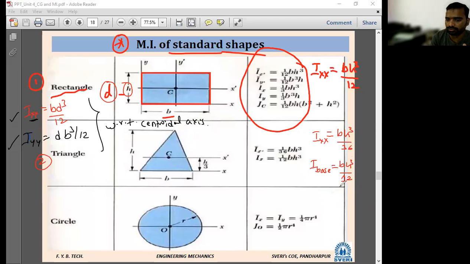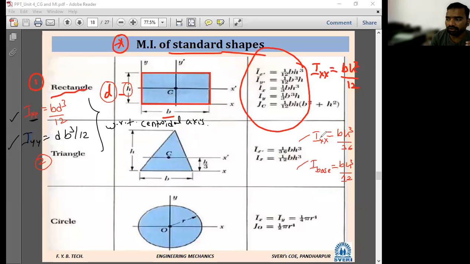You should know this one also. Ixx is centroidal axis, I base is bh cube by 12. Write down these two. Ixx equal to bh cube by 36, I base is equal to bh cube by 12.